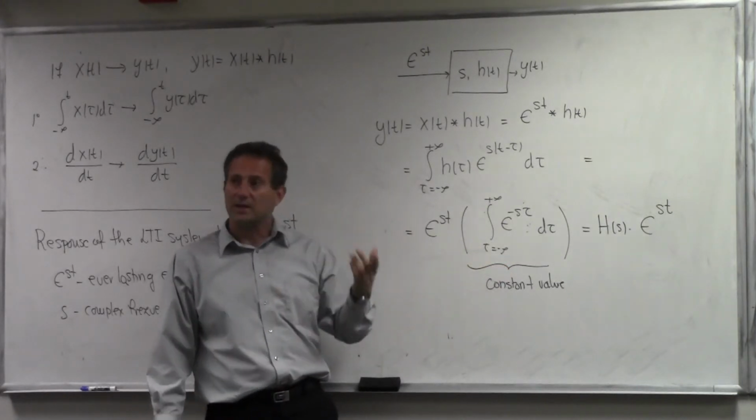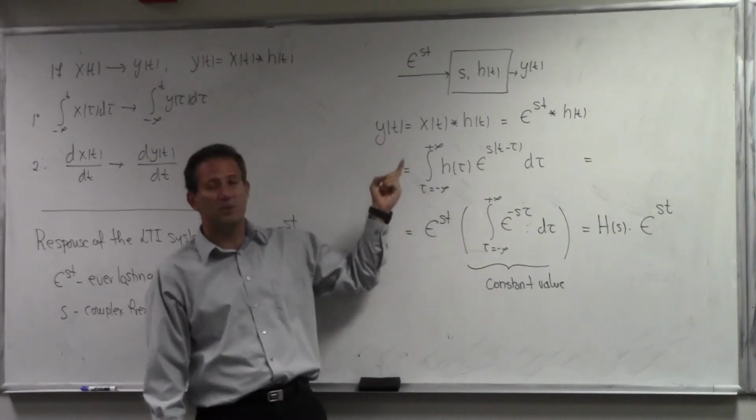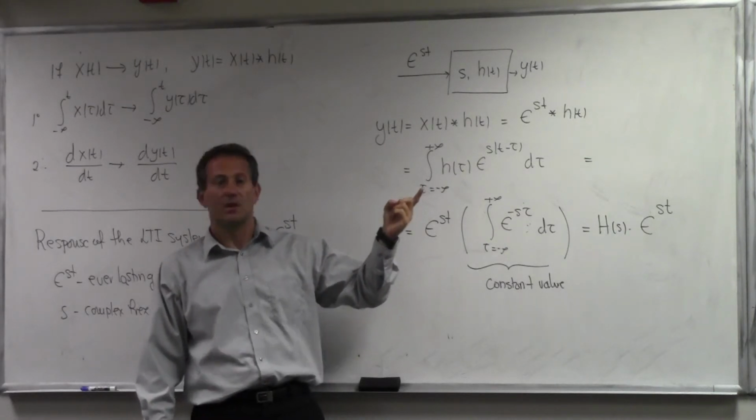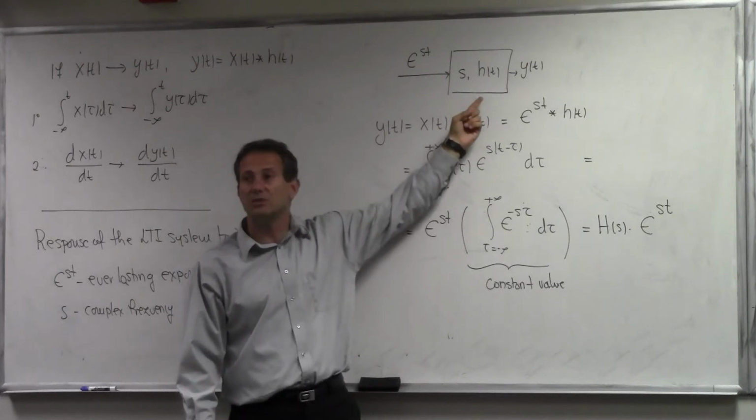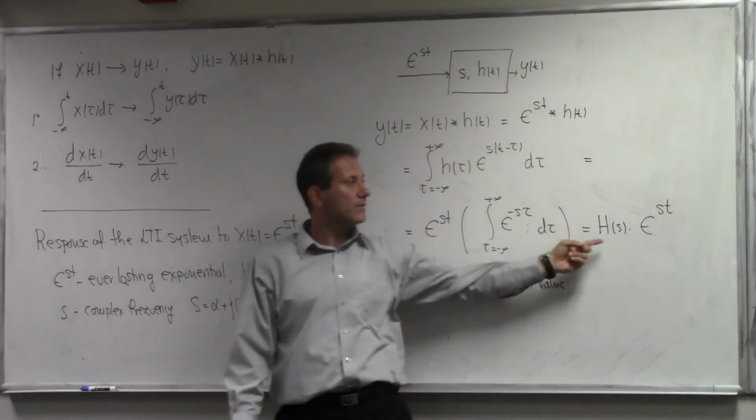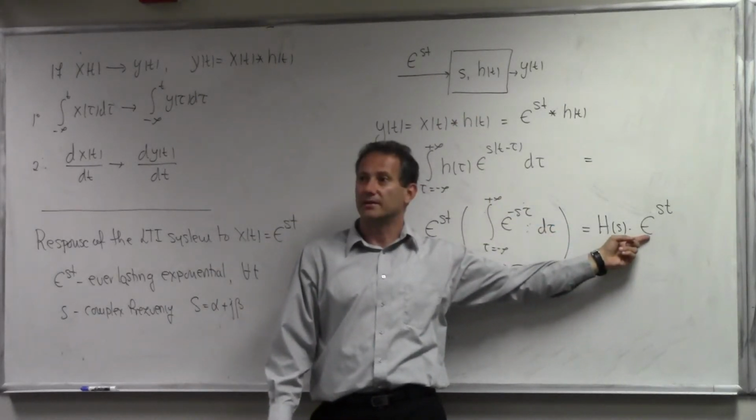So now, if I realize that this is a constant, then I have something really special happening here. I have a function e to the st that when I present to the linear system, I get the same function back, right?